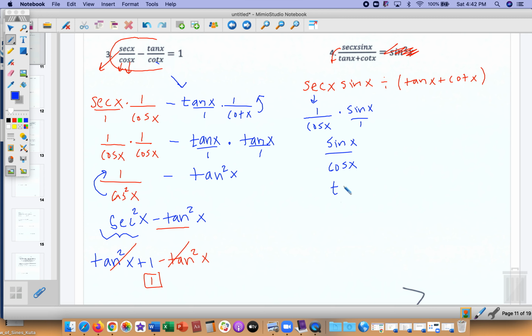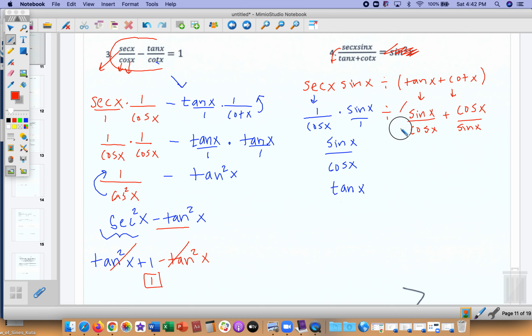And we know that's tan x divided by, over here we have tan x plus cotan. So we know tan is sine over cosine x plus cotan is cos over sine.